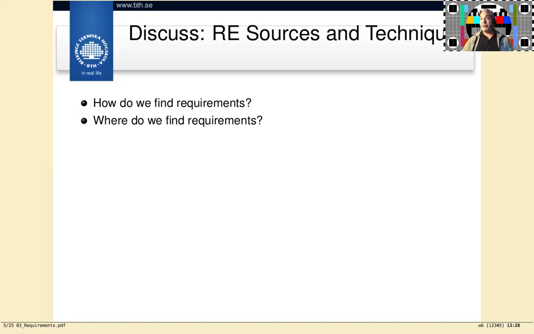So if we have a mature product, then our sales team might be a good source for requirements as well. So there's no clear-cut way saying that for all products, this is how you do requirements engineering. It's very much finding the most suitable tool for the current system in its current state in the life cycle.